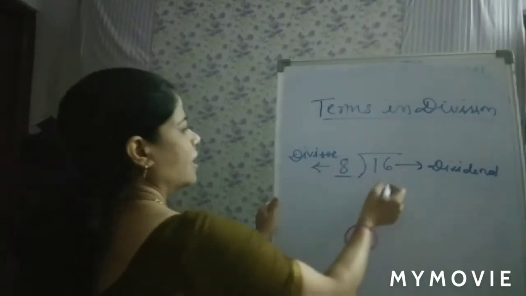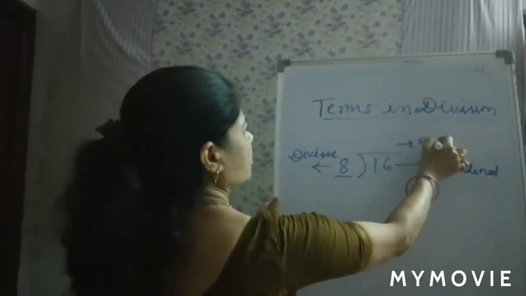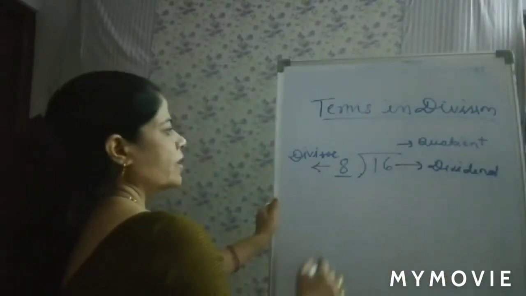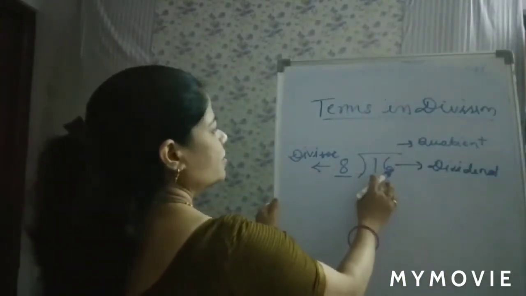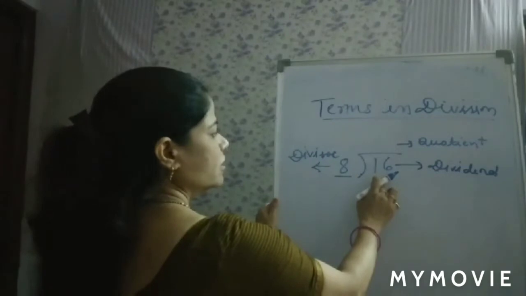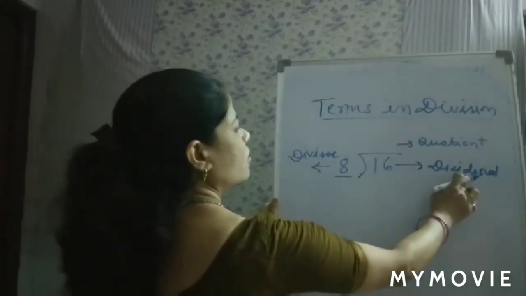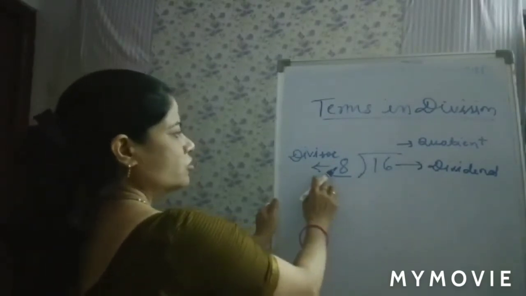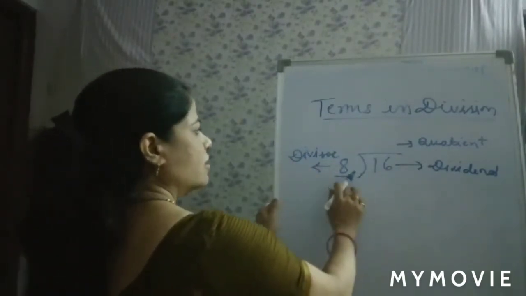Okay, and the answer is called quotient. So here the number 16, this number to be divided, is called dividend, and by 8 we are dividing 16, so 8 is divisor.